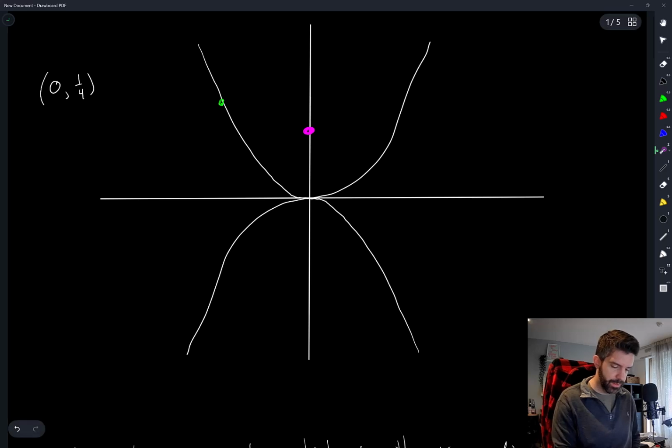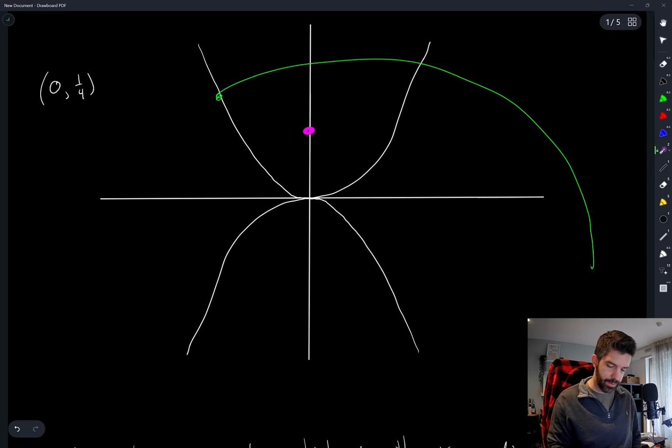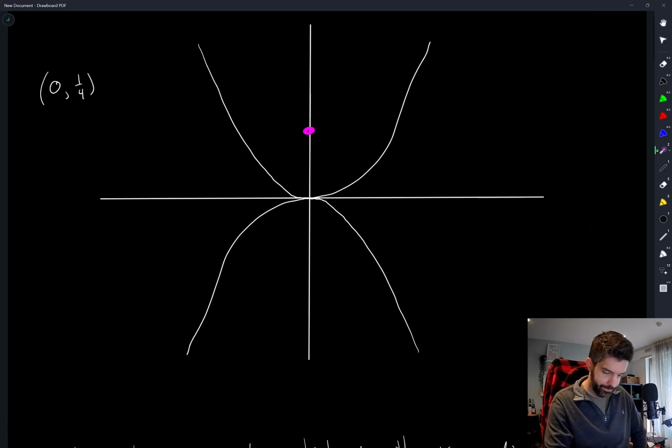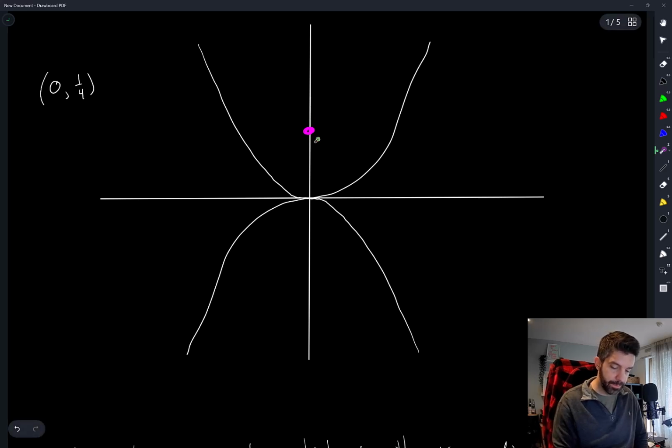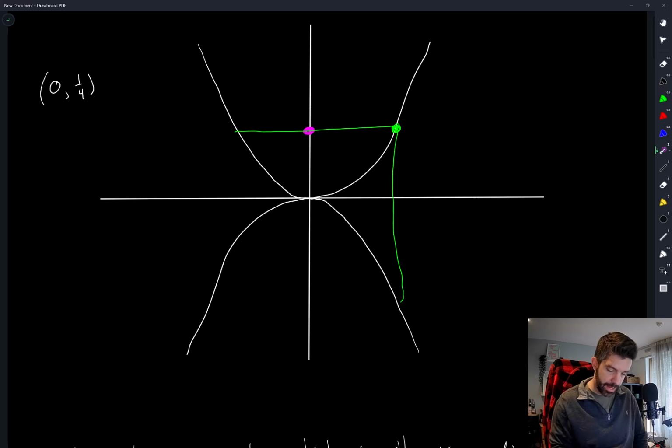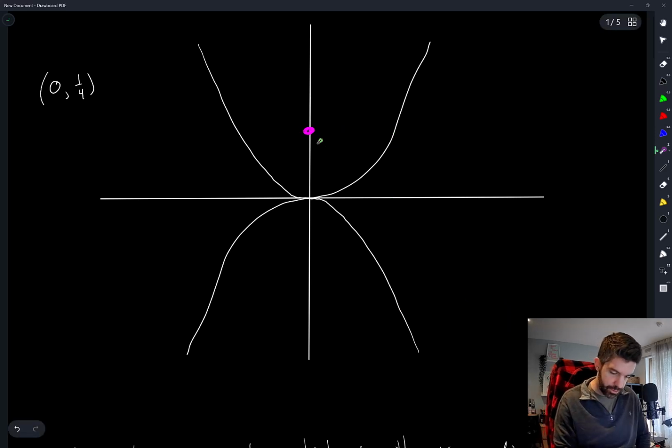When this point is touching there, this point is going to be way over here. There's one point on the locus that would be easy to find. If we take a slice here, find that point, drop that down, the focus is going to be over here somewhere.